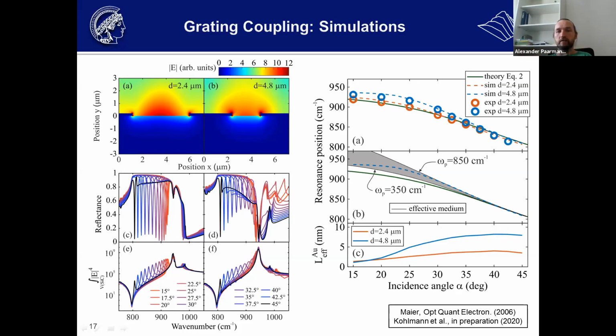This is plotted here, and you see that as you go to larger momenta, you excite less of the gold. And if you excite less of the gold, this would at least qualitatively explain why the dispersion drops off towards larger momenta, because the free electrons in the gold are not that important anymore for the mode.